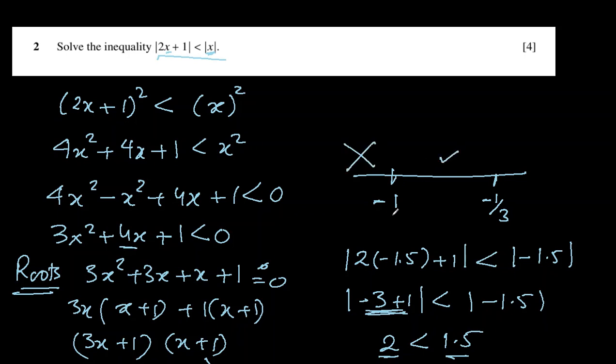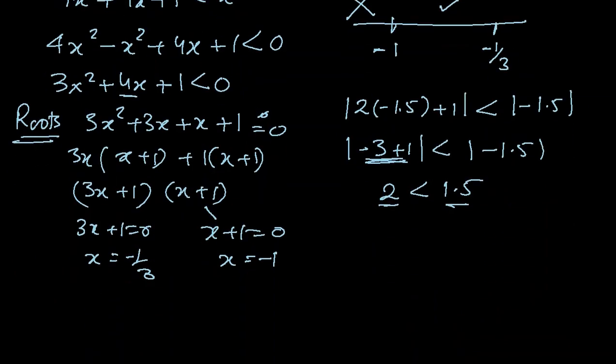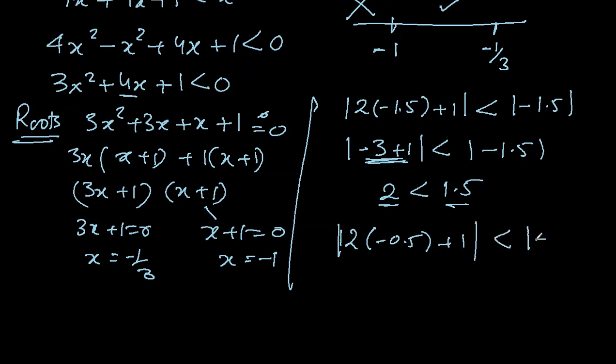Let's say a number between minus 1 and minus 1/3. Let's say negative 0.5. Okay, 0.5 will be half, right? Half will be between these two. All right, negative half. So 2x plus 1 becomes 2 times negative 0.5 plus 1, less than negative 0.5 absolute.